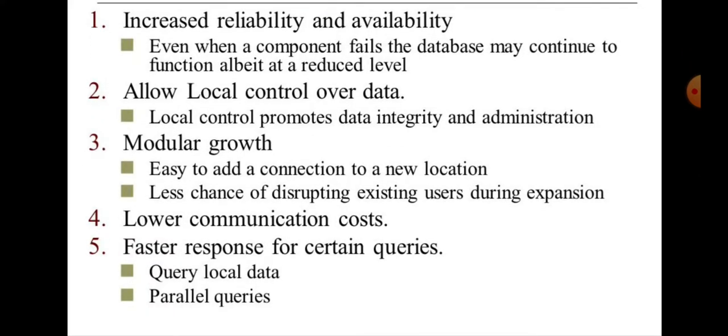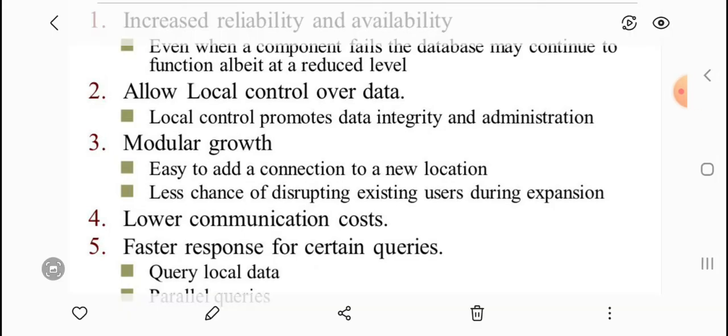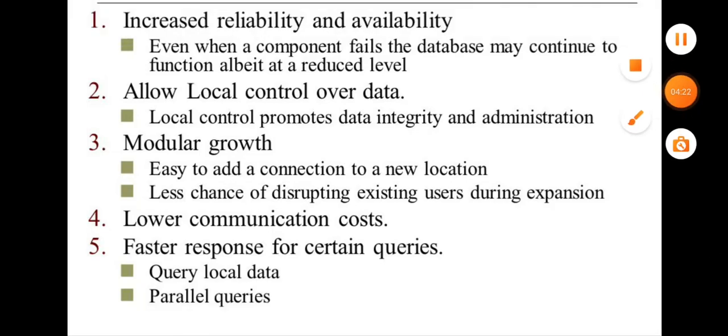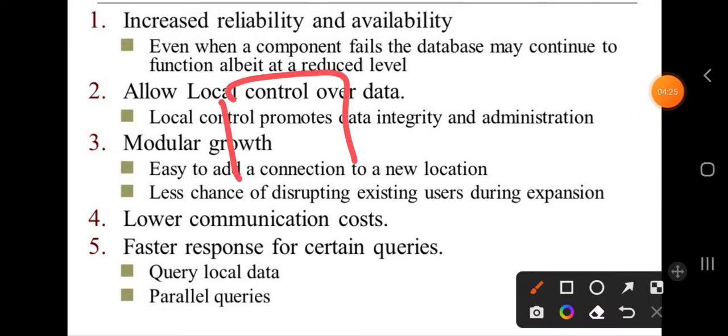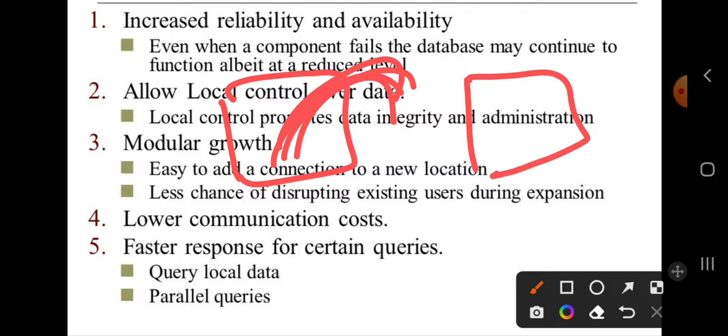Okay, and here, faster response for certain queries. Why? As I already told you in the class, if you have a single bucket containing balls and you want to remove 10 balls, you will take 10 seconds. But if you have 2 buckets and you are using your 2 hands to remove the balls at a time, in 5 seconds you can remove 10 balls. Why?